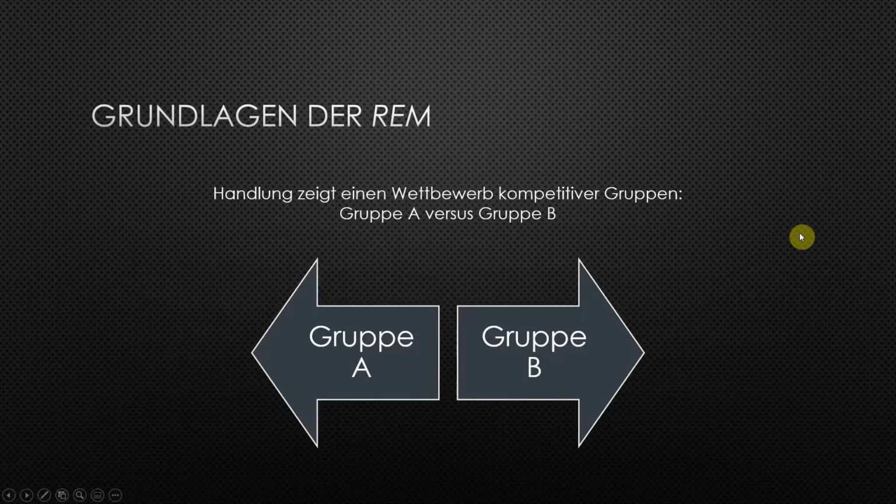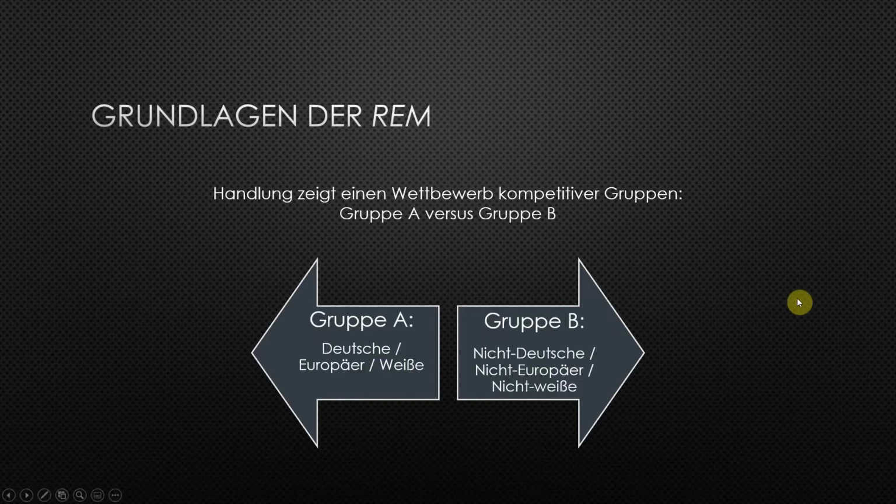And so we have two groups, Group A and Group B. Group A represents us, Group B represents the other, which can be blacks or immigrants or Jews or whoever is in a competition with us.